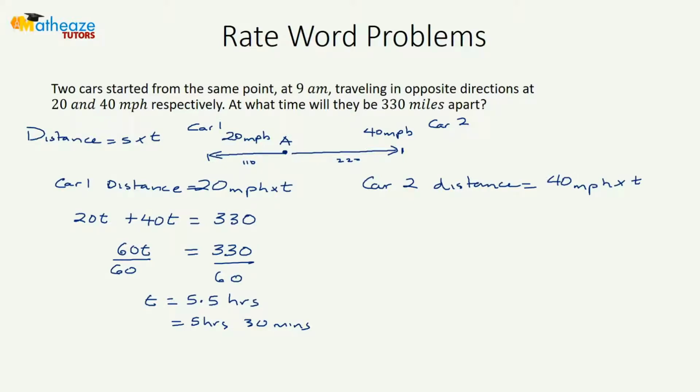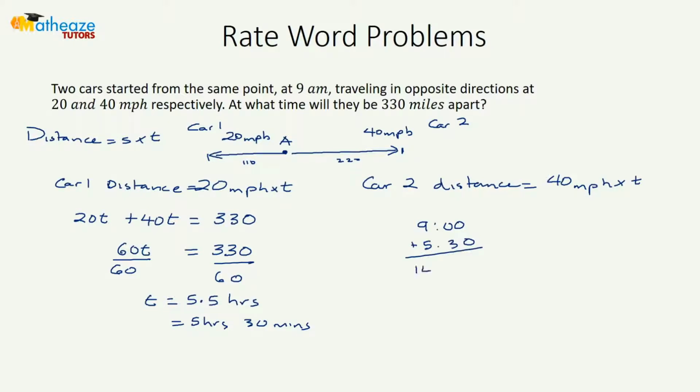So we're going to add the number of hours, the duration here, to 9 a.m. so we can know what time it would be, 5.5 hours from when they started. So this is going to be 9 a.m. and then we add 5.5 hours to this.